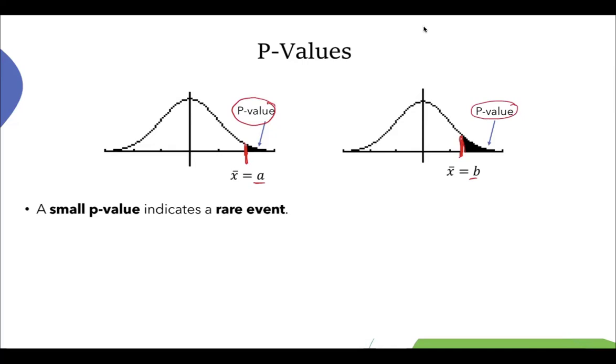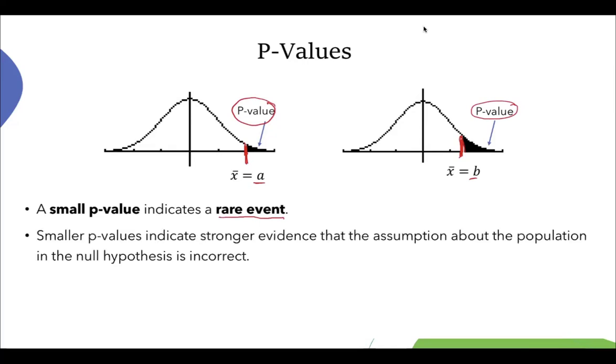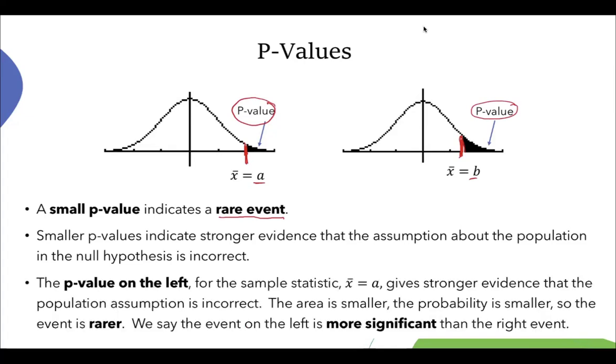A small p-value indicates a rare event. Smaller p-values indicate stronger evidence that the assumption about the population in the null hypothesis is incorrect. So in these two pictures, the p-value on the left has the smaller area, and therefore it gives stronger evidence that the population assumption was incorrect.